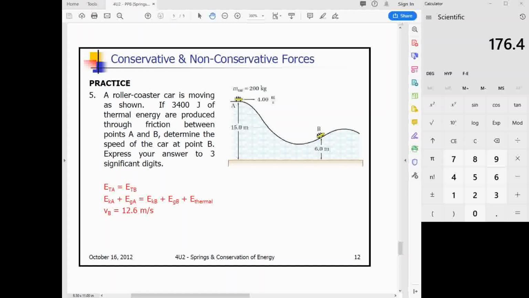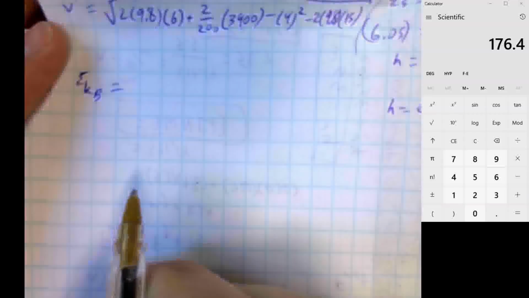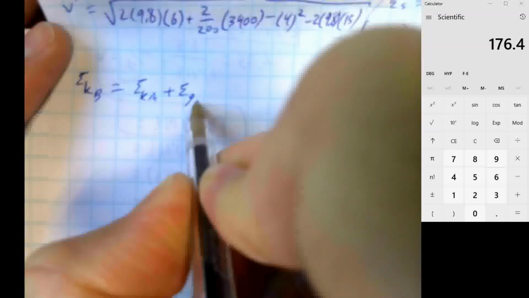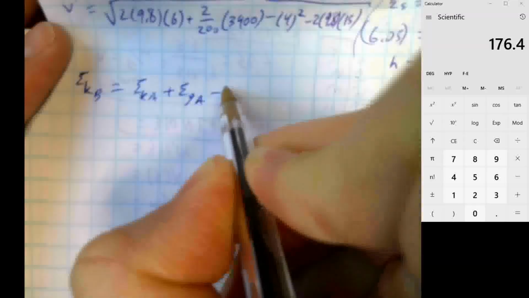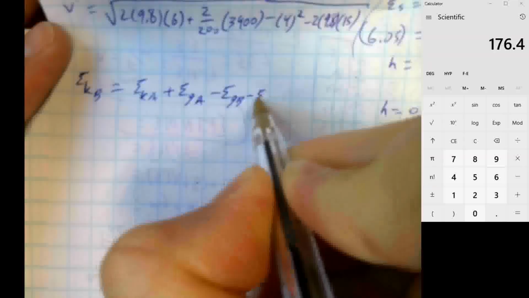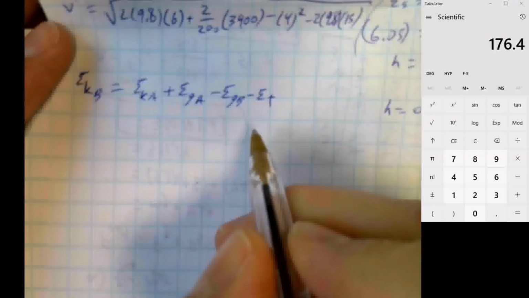In order to solve this, I'm going to start with E_KA plus E_GA equals E_KB plus E_GB plus E thermal. And we're going to rearrange that to solve for E_KB. E_KB is equal to E_KA plus E_GA minus E_GB minus E_T for thermal energy.